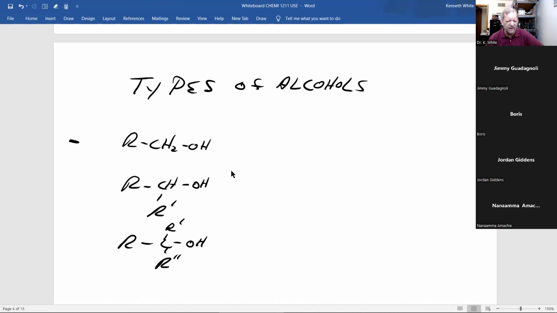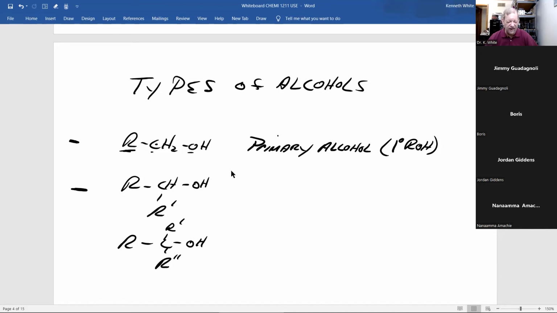Now, right here, we have what's called a primary alcohol, which is abbreviated 1 with the degree sign, ROH. And you know what an R group is, something with carbons and hydrogens. Primary means there's one R group on the carbon with the hydroxyl group, the alcohol.